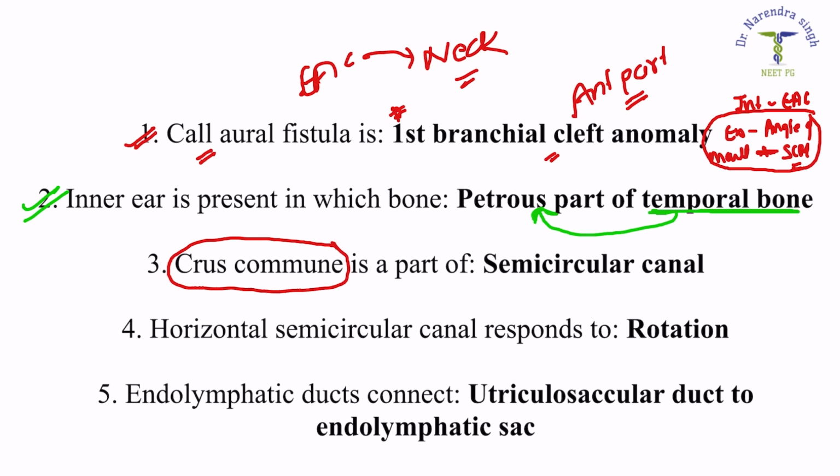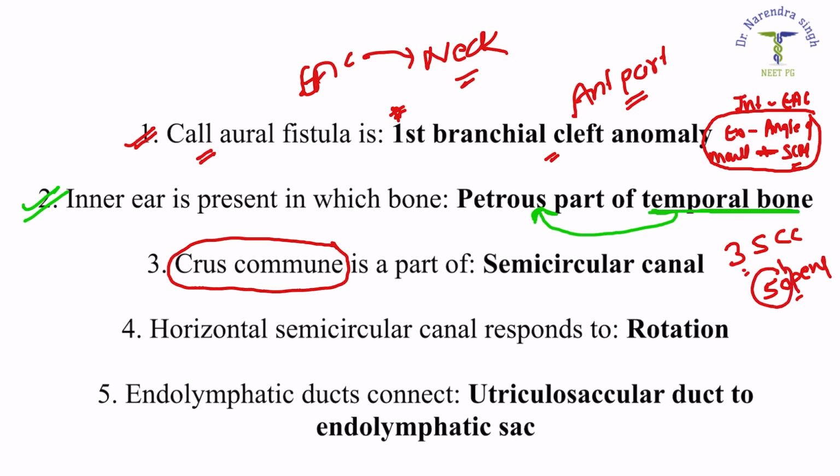We know there are 3 semicircular canals which open into the utricle through 5 openings. If each semicircular canal has 2 openings, then why instead of 6 openings are there only 5?